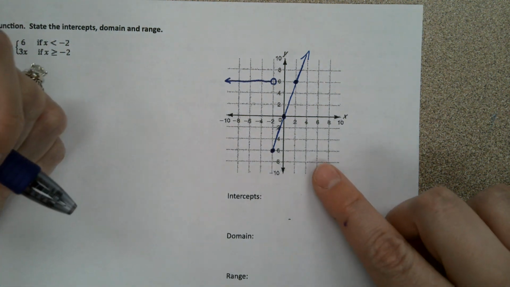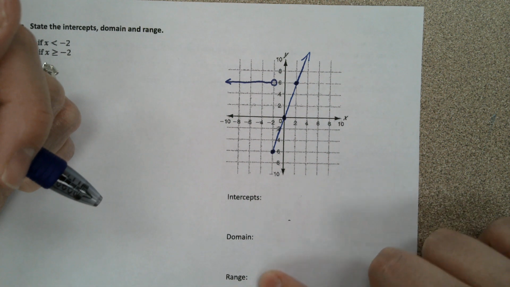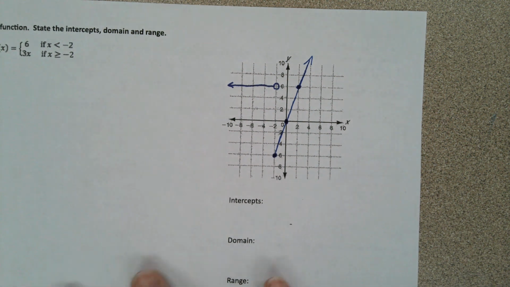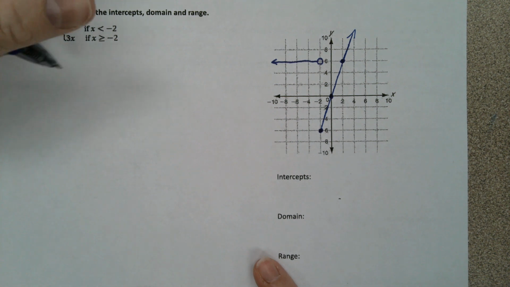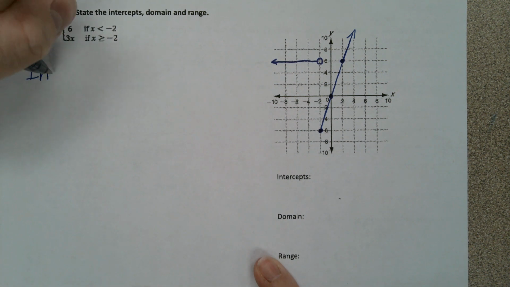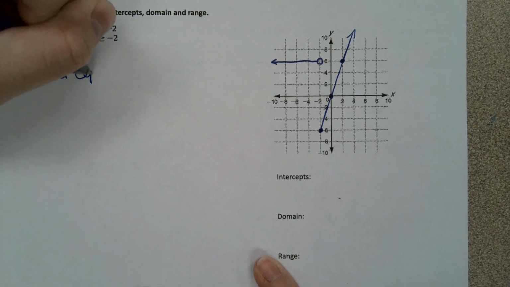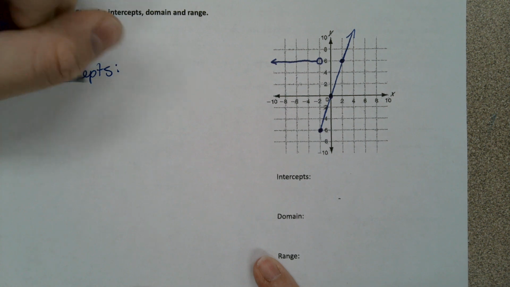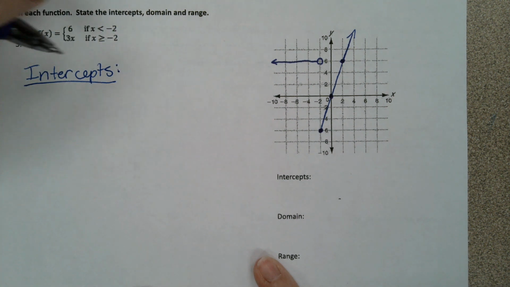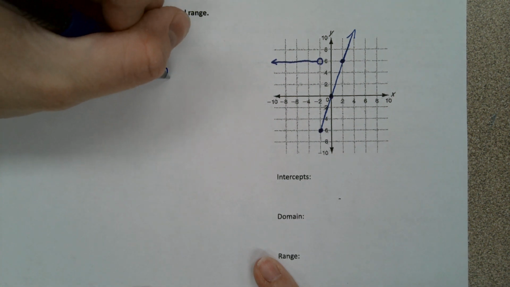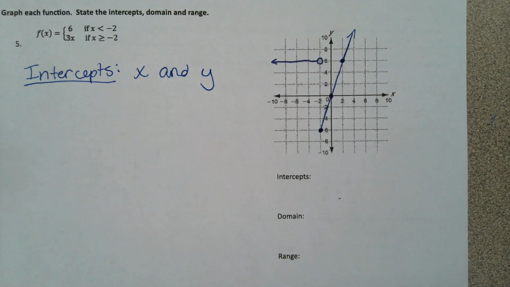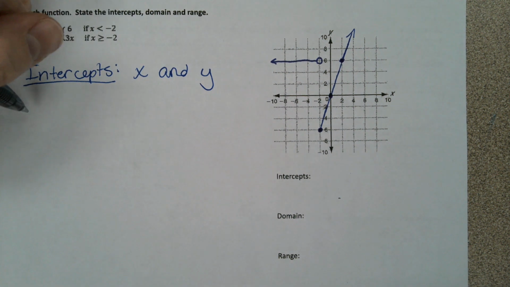So we need to find the intercepts, the domain, and the range. And since I have all this space over here, I'm going to write this over here. Intercepts. We've got two types, x-intercepts and y-intercepts.